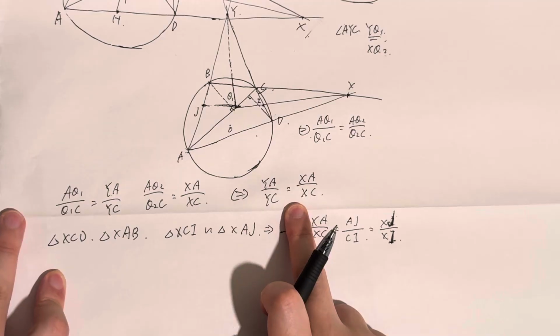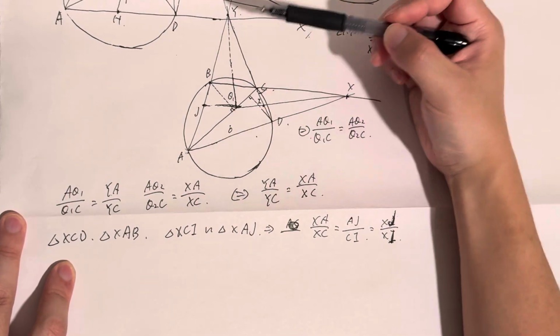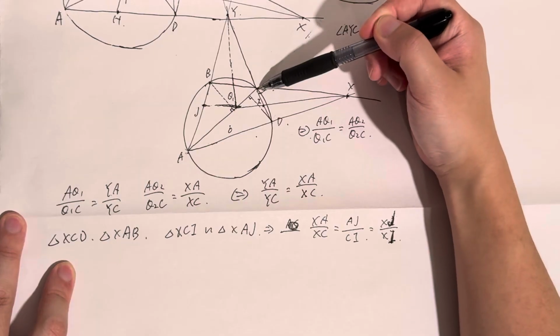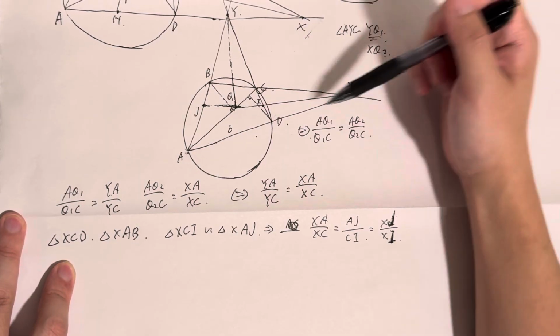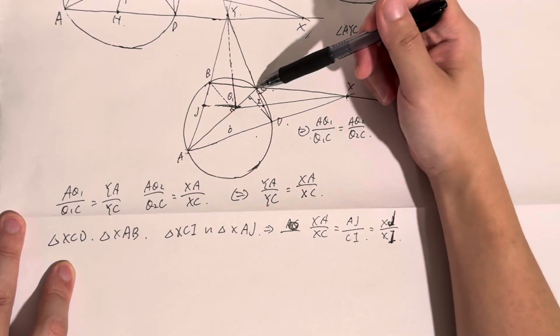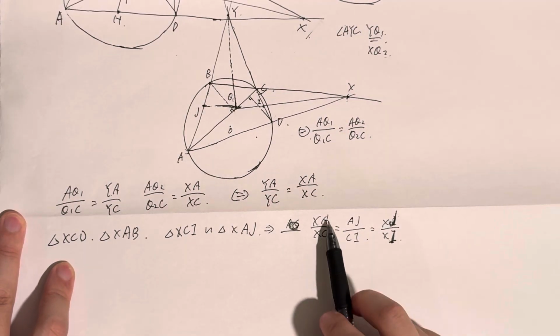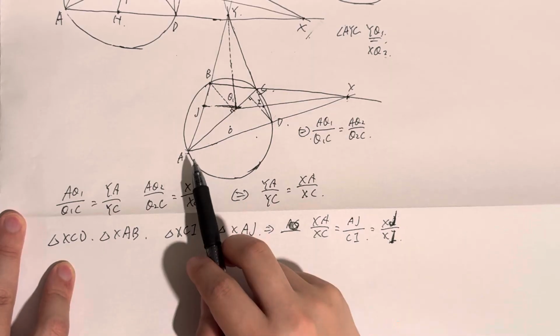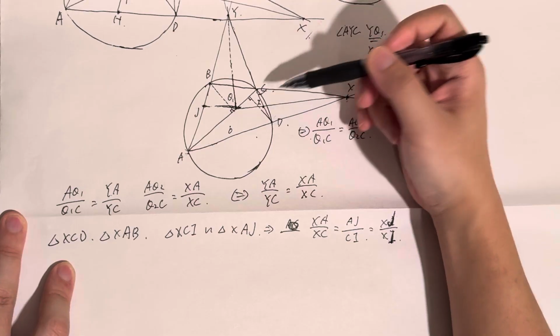Now look at our target. We want to prove that YA to YC equals XA to XC. So here, we already know that XA to XC equals AJ to CI, right?